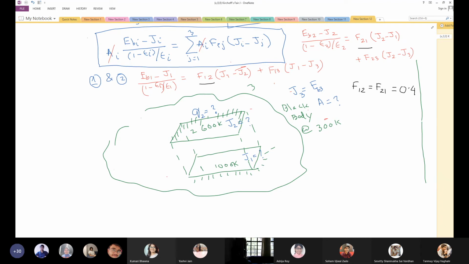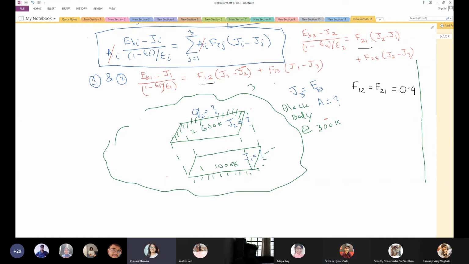So now, which other view factors can we obtain? F13 and F23. Yes. So get these two view factors as well.